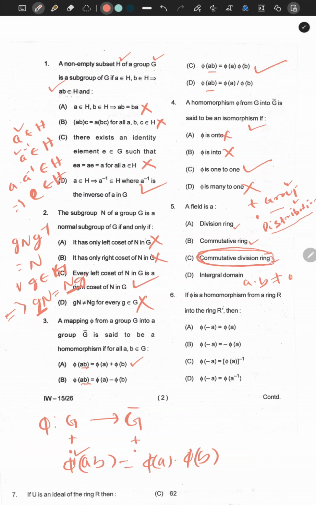A field is also an integral domain, a field is also a division ring, a field is also a commutative ring. No doubt a field is a division ring, no doubt a field is a commutative ring, no doubt it is an integral domain. But all three things are included in option C, meaning option C also implies that a commutative division ring is also a field. Both are equivalent statements. So option C is the perfect answer.